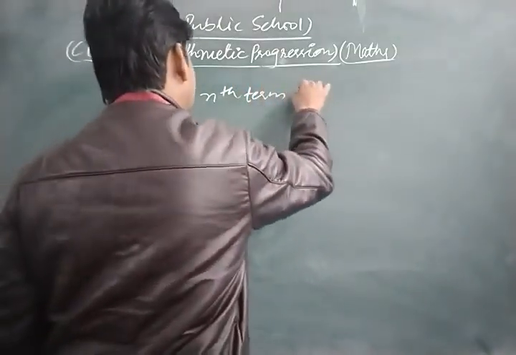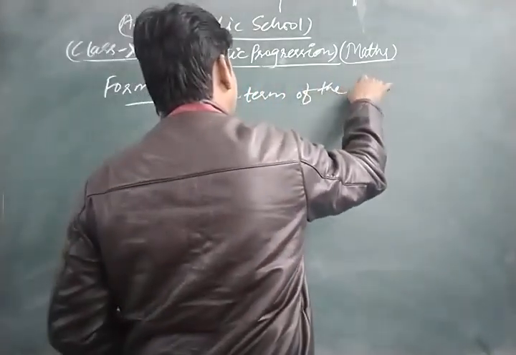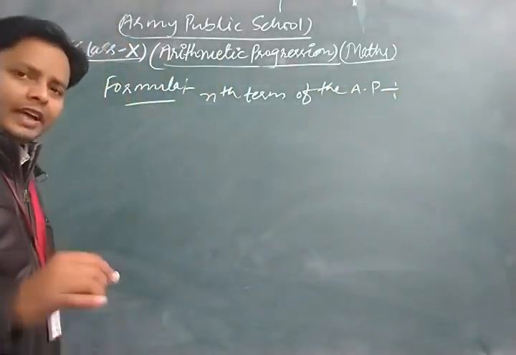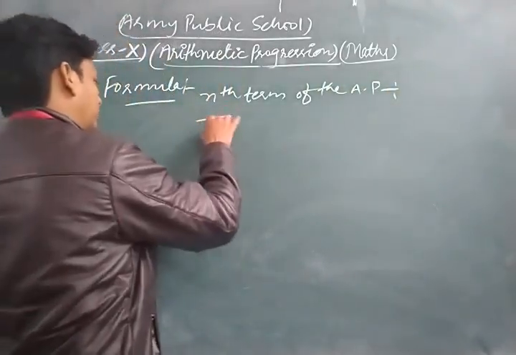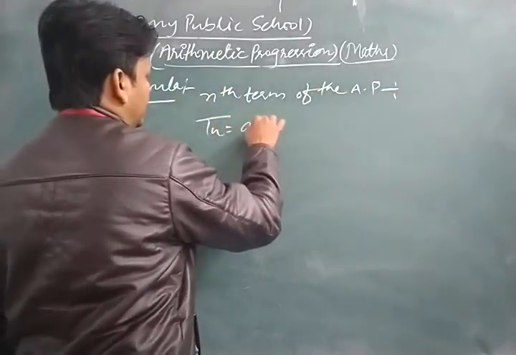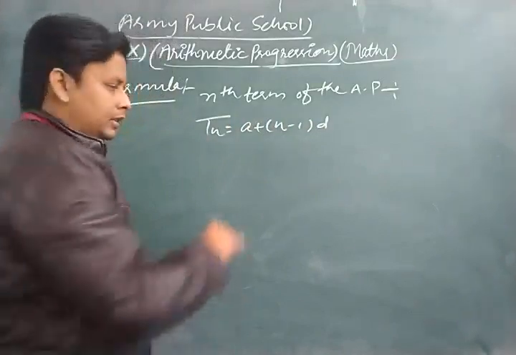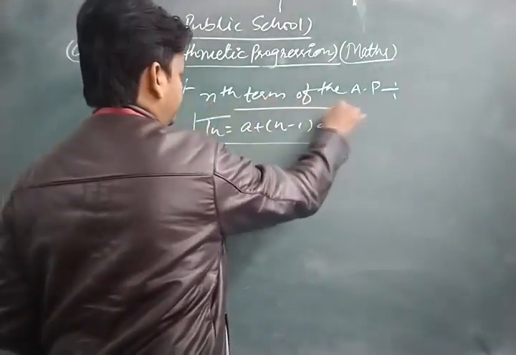To find the nth term of the AP. Dear friends, the nth term of the AP is given by the formula a plus (n minus 1) into d. This is the nth term.